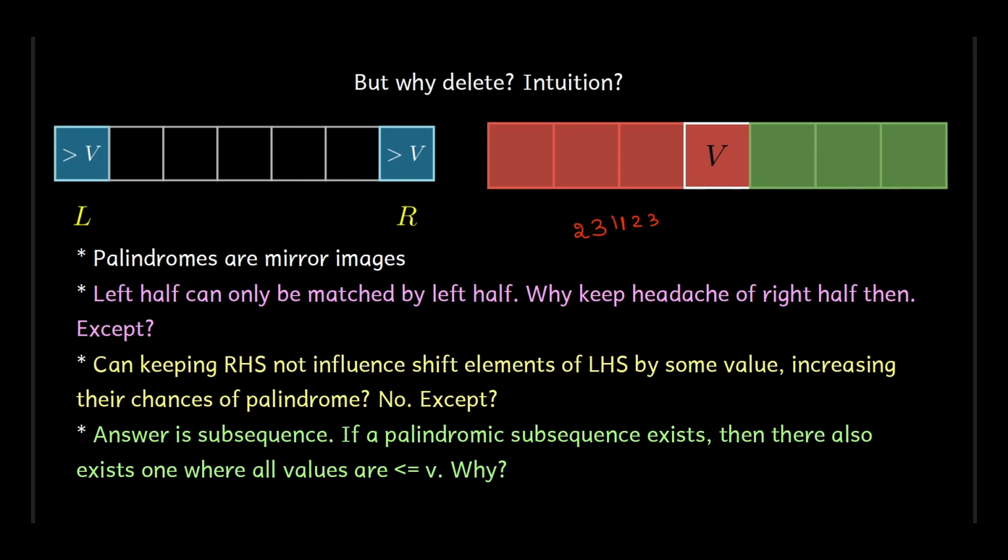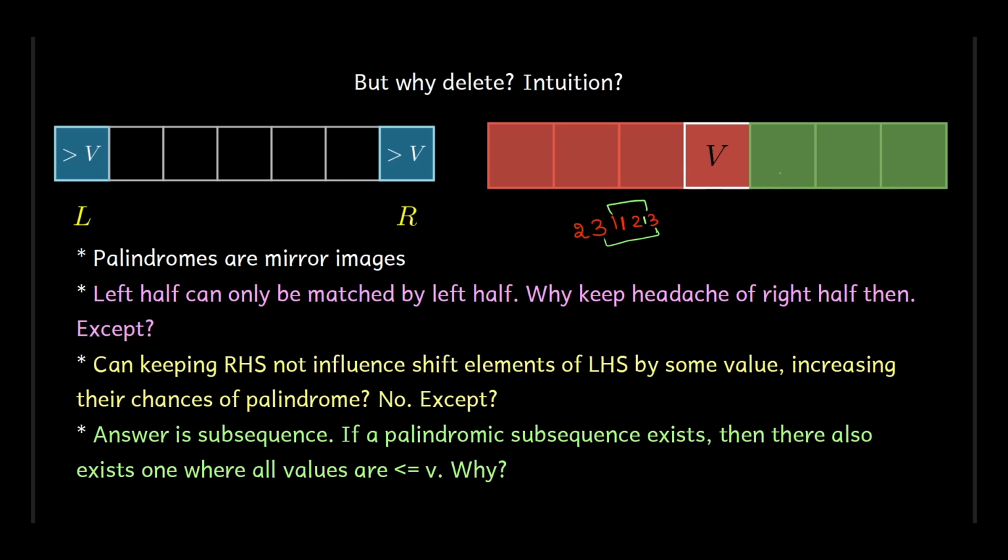Then you might wonder, if you have deleted all the green elements on the right hand side, then this 3 is not able to match with this, and this 1 is not able to be matched with this.